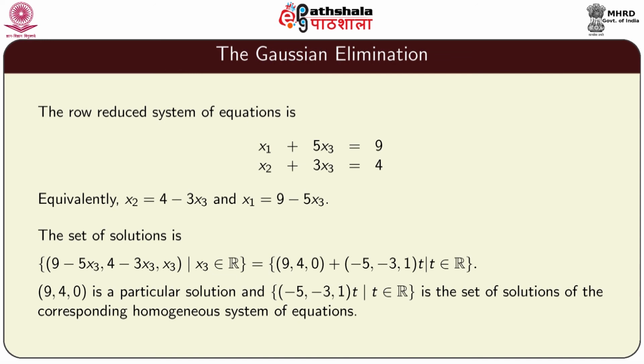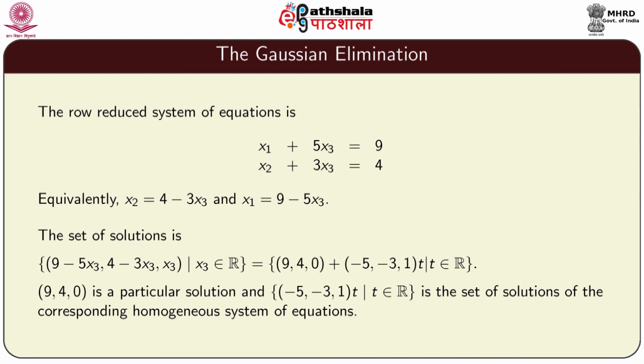Now, how do we solve this? We can write x2 is equal to 4 minus 3x3. Now, substituting it back in the first equation, we get x1 is equal to 9 minus 5x3. Therefore, the set of solutions is the collection of all 3-tuples such that the first entry is 9 minus 5x3, the second entry is 4 minus 3x3, and the third entry is x3, and x3 is varying freely in the set of real numbers.